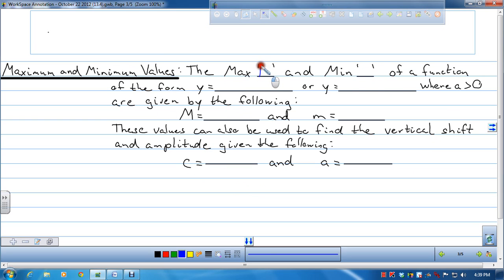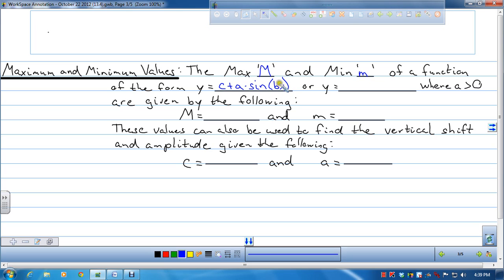So we'll just use a capital M for maximum, a lowercase m for minimum of a function, and we're going to talk about it in the form of having all of these components happening. So C meaning I've got some vertical shift, A meaning I've got some change in amplitude times the sine of B times x, meaning I would have a change in period.